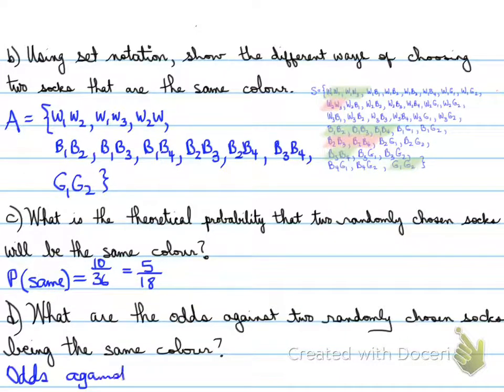Well, odds against are 26 to 10. 26 is possible of not getting it to 10 possible getting it. So what are we looking at here? We're looking at 13 to 5. 13 of actually not choosing the color to 5 actually choosing the color.